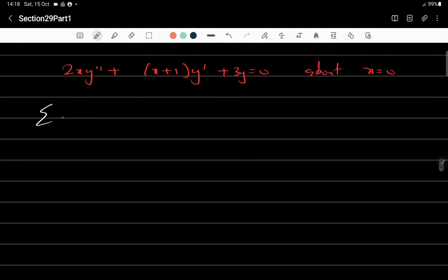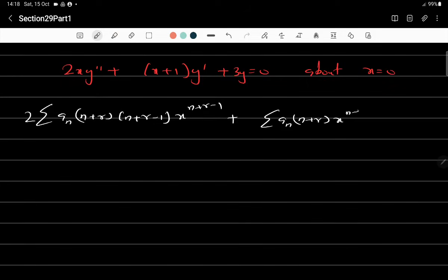2xy double dash, so summation a n, n plus r, n plus r minus 1, x raised to the power n plus r minus 1, because it is multiplied by x, plus xy dash, so n plus r and x raised to the power n plus r, plus y dash, so a n, n plus r, x raised to the power n plus r minus 1, plus a n x raised to the power n plus r.